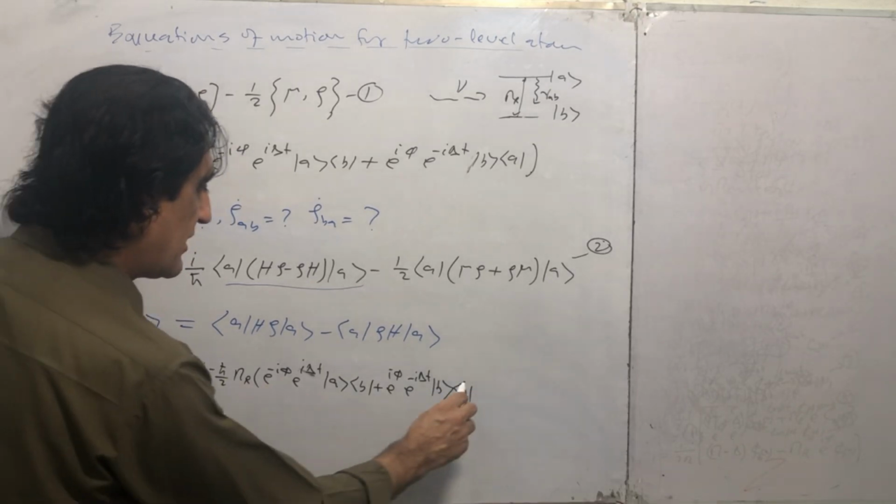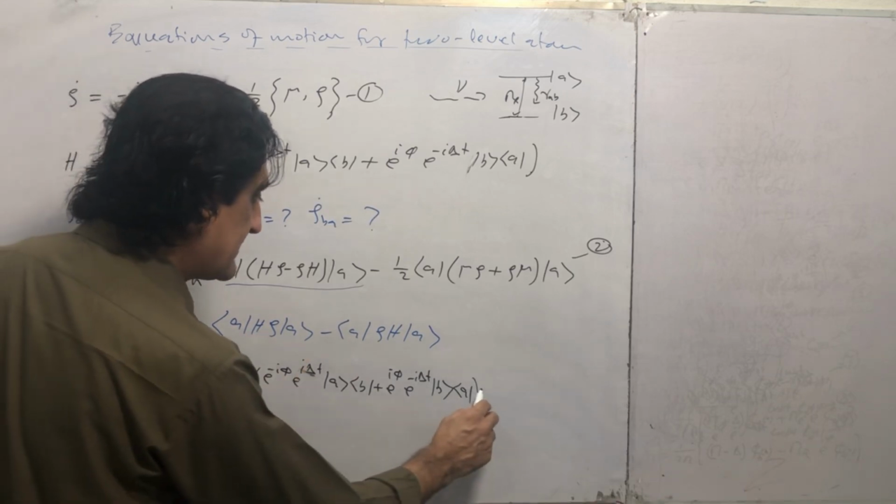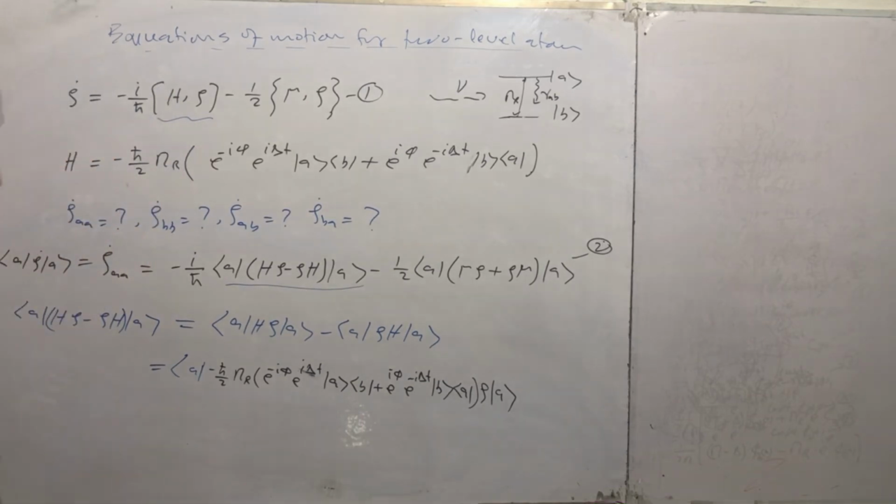So this is the value of the Hamiltonian I have considered here, and this is ρ and |A>.